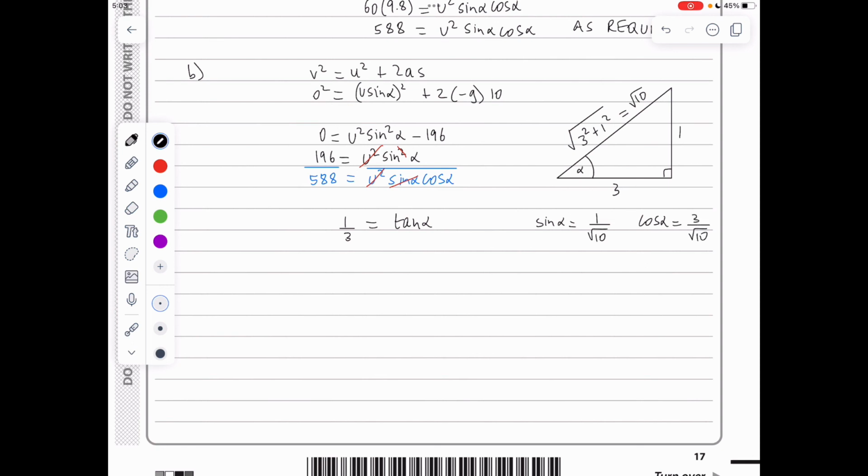So we can simply say that 588, which we found to be u squared sine alpha cos alpha, is u squared times 1 over root 10 times 3 over root 10. So we get that 588 is 3u squared over 10. So 5880 is 3u squared. And if I divide by 3, I get 1960 for u squared as required.